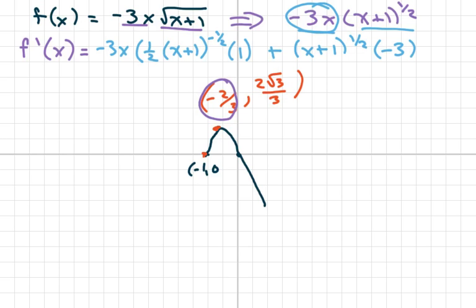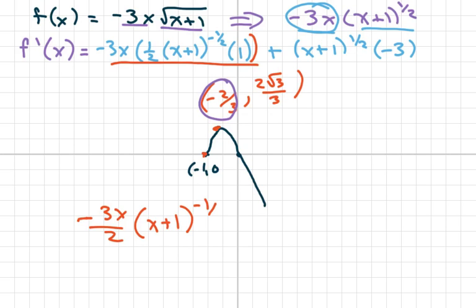Now what we get, and I'm going to clean it up a little, is negative 3x over 2 times x plus 1 to the negative 1/2. And this piece over here is going to be minus 3 times x plus 1 to the 1/2.